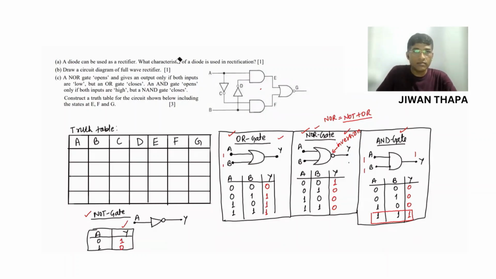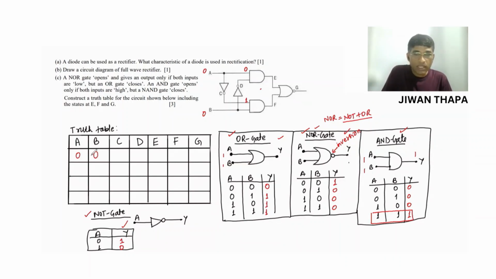Now let's see. I'm writing it this way: if A is 0 and B is 0, now what do you find? We have 0, and this 0 will finally change into 1 after passing through this NOT gate.